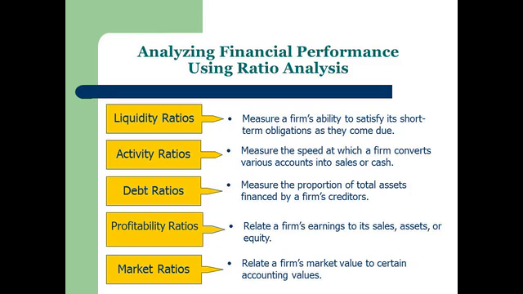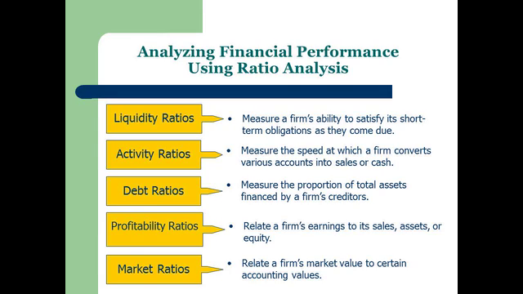So basically, liquidity ratios tell us how much cash we have so that we can satisfy our short-term obligations. Like we have a $100,000 loan coming within a year. So we have to check whether we have sufficient cash available or not.